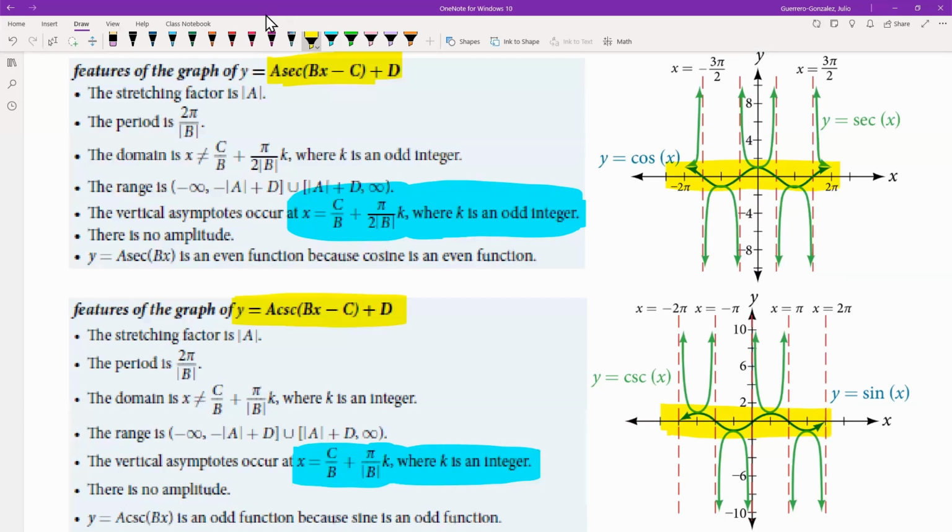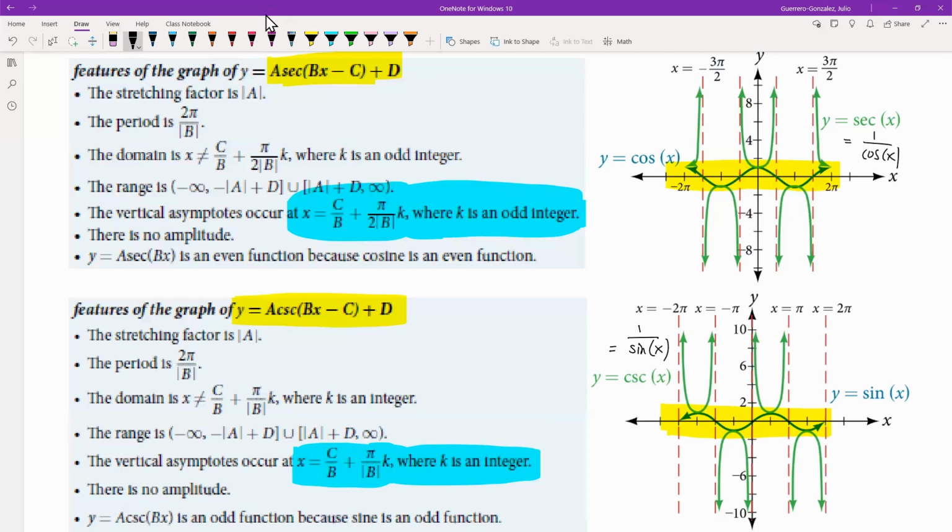Secant is 1 over cosine, and cosecant is 1 over sine. So this is equal to 1 over sine of x, hence the reason why we have sine here. And then secant is equal to 1 over cosine of x.